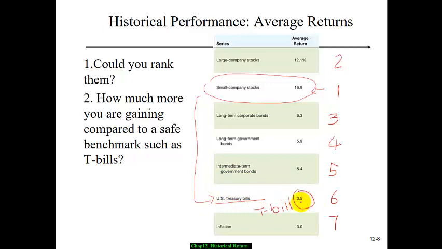Compare the T-bill at 3.5 with small stock at 16.9, which means it's an additional 13.4%. So small stock is riskier, but you earned an additional 13.4% compared to a safe benchmark.